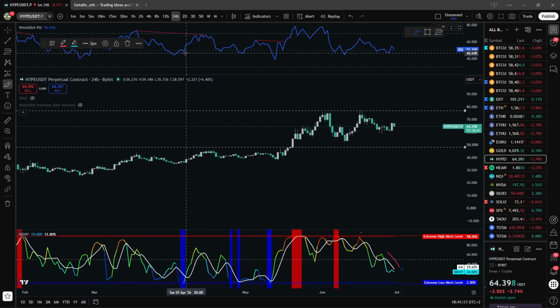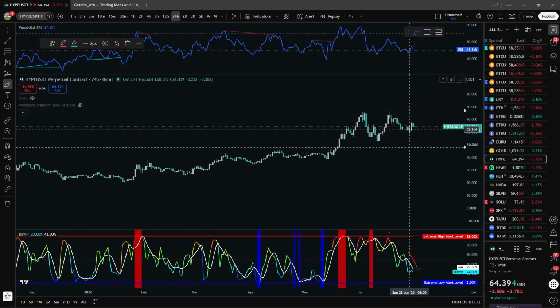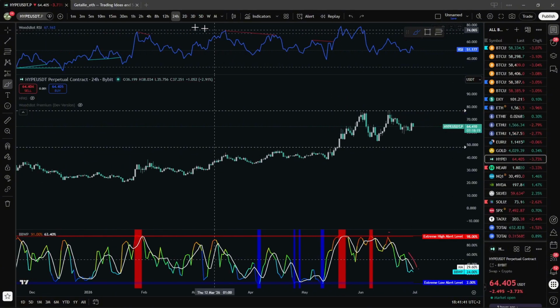This means that there will likely be no new all-time high in the coming weeks. But I do think that next month HYPE will make new all-time highs, but not in the first 2 weeks. Maybe in the third week or at the end of the month, HYPE will probably make new all-time highs. But it just needs to consolidate in range for a while.